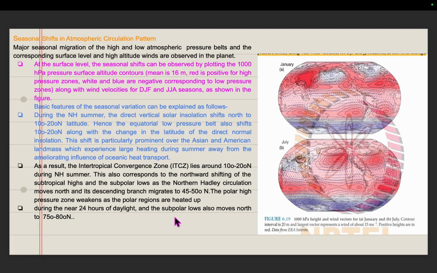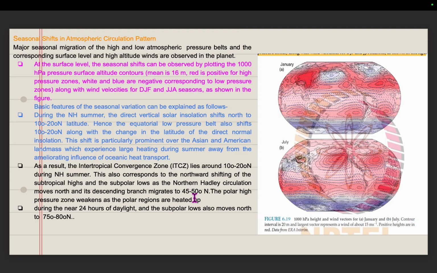As a result, in the summer season of the northern hemisphere, we know that the intertropical convergence zone, or the ITCZ, lies around the 10 to 20 degree northern region. This corresponds to the northward shifting of subtropical highs and subpolar lows as the northern Hadley circulation moves to the north, and its descending branch migrates to 15 to 90 degree north.